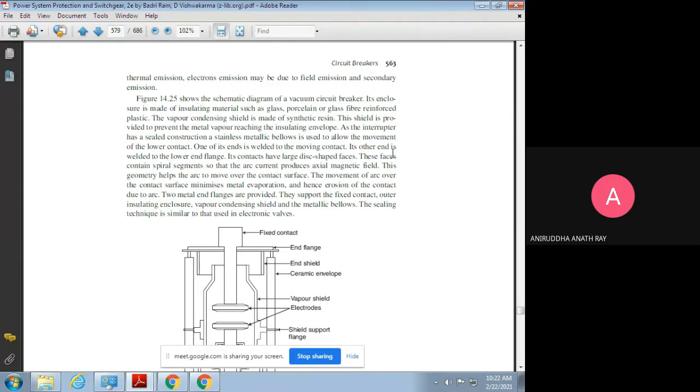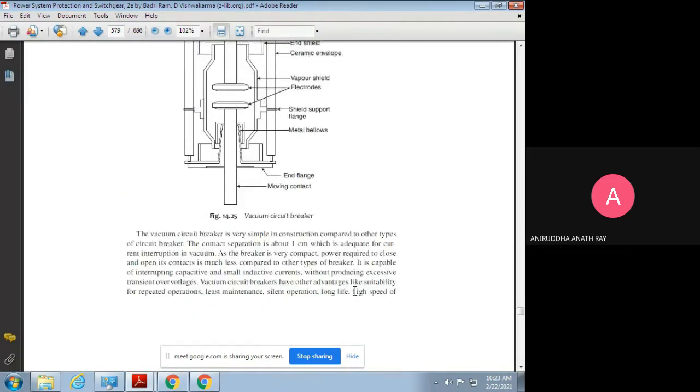Movement of the arc over the contact surface minimizes the metal evaporation and hence the erosion of the contact due to the arc. Two metal end flanges are provided. They support the fixed contact, the outer insulating enclosure, the vapor shield and the metallic bellows. The sealing technique is similar to that used in electronic valves.